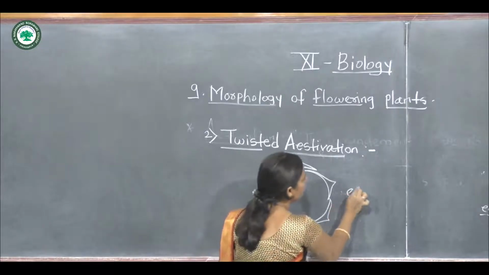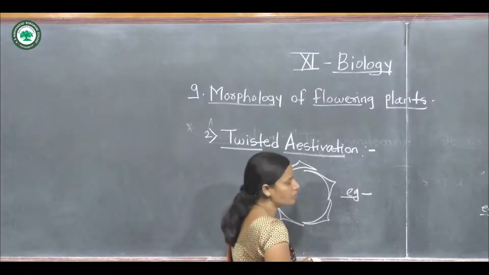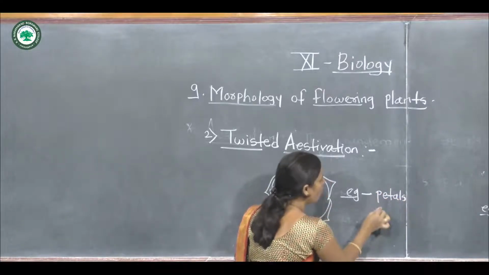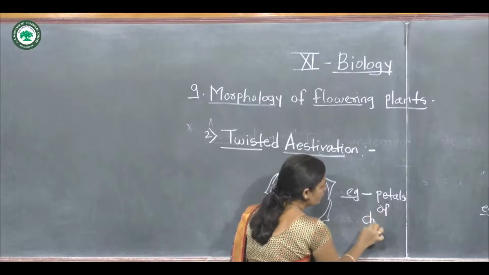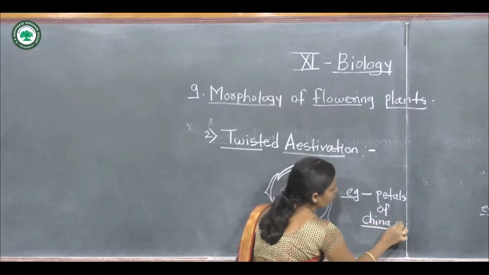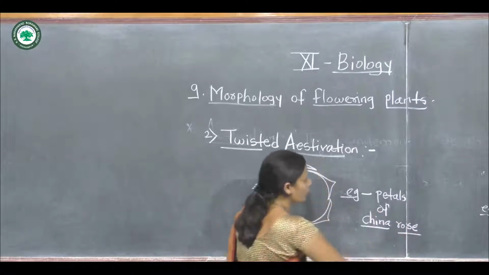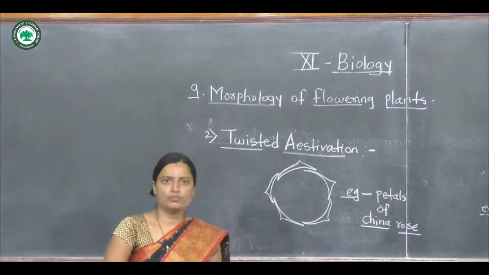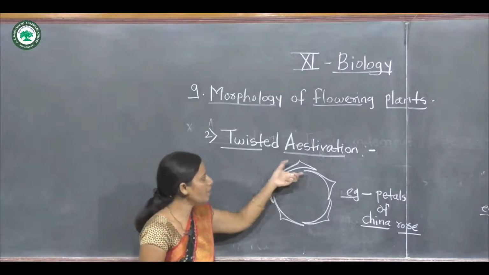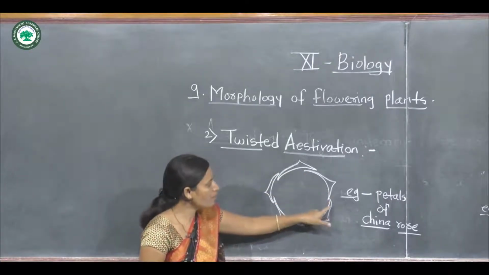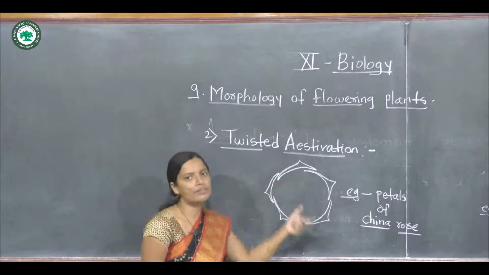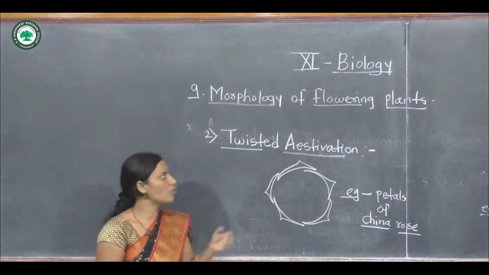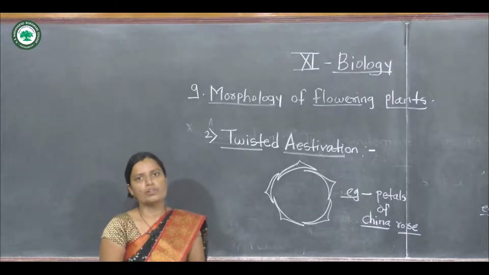For example, in twisted estivation, in the petals of China rose, this type of estivation is twisted. The margins of the sepals and petals overlap with each other, and this arrangement is called the twisted type of estivation.